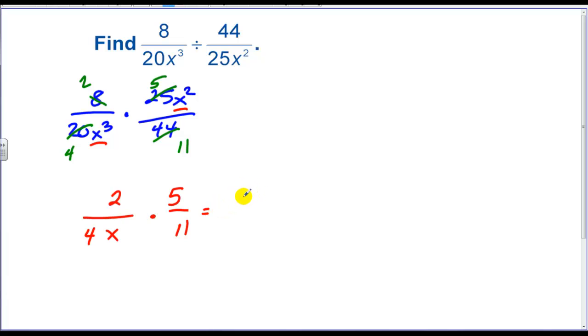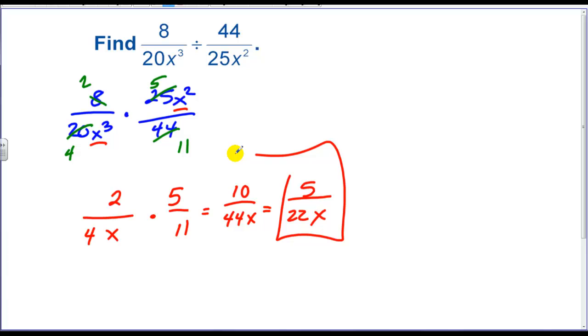It leaves me with 10 over 44x. 10 and 44 reduce because 2 goes into both. 5 times in the numerator, 22 times in the denominator, and the x is left over. So that's my reduced solution.